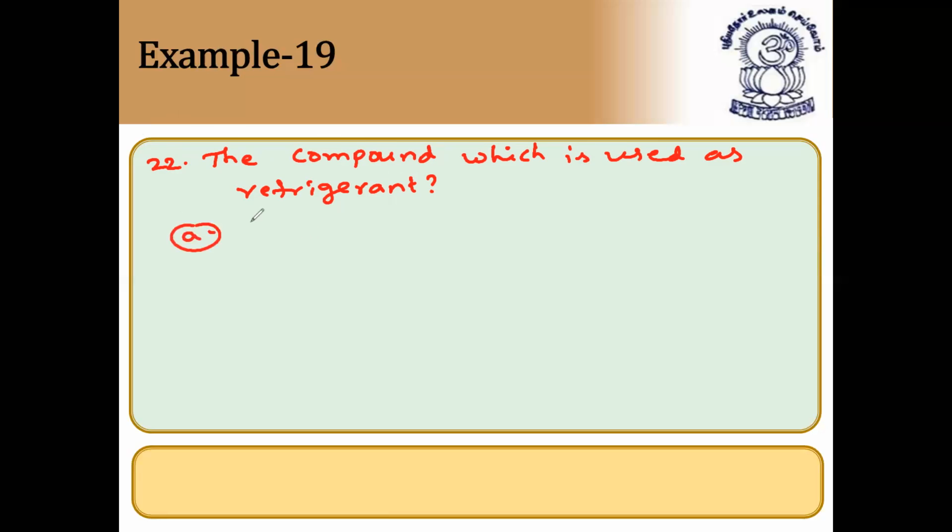Option A is CCl4, carbon tetrachloride. Option B is COCl2, phosgene gas. Option C is CF4, carbon tetrafluoride. And option D is CF2Cl2, chlorofluorocarbons. These are used in refrigerators.